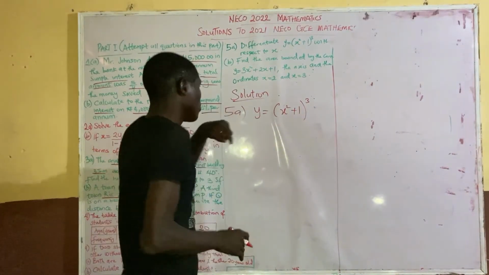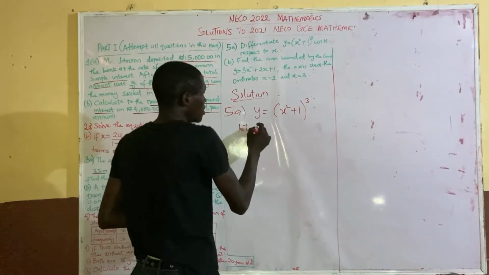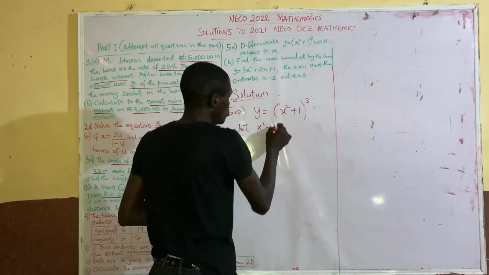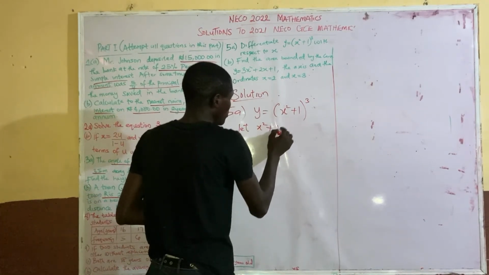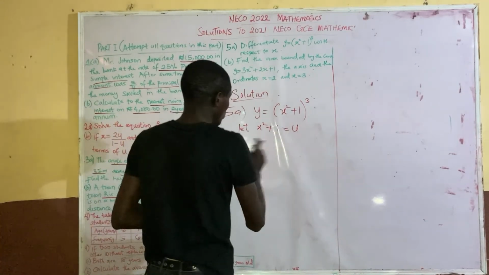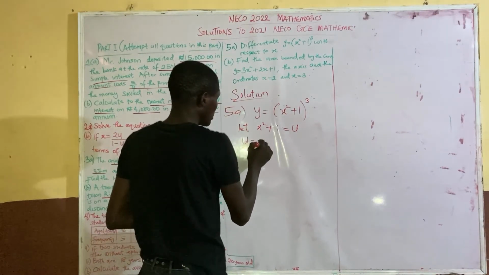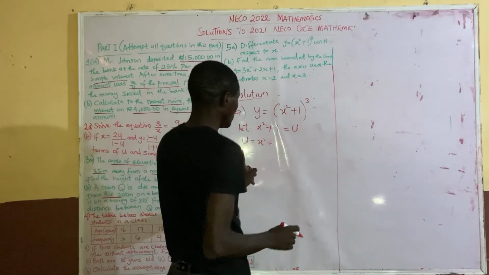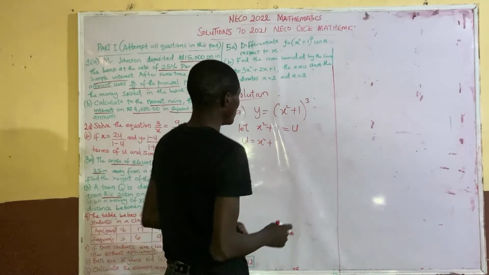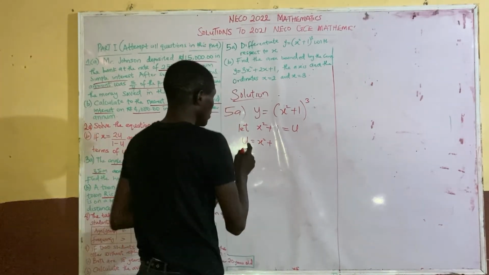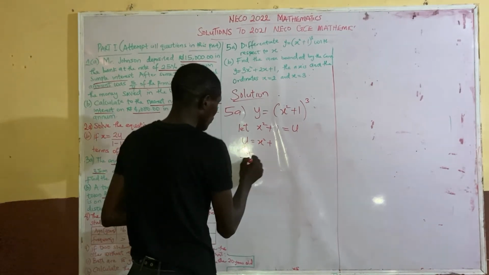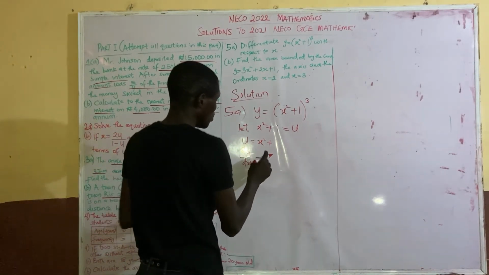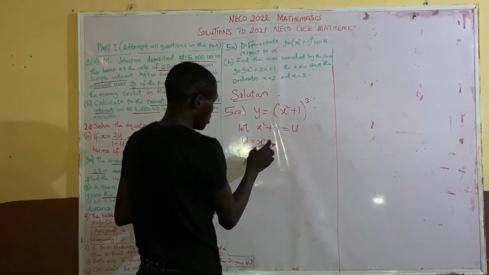So the first thing is to say let x squared plus 1 be equal to u. So u is equal to x squared plus 1. Now differentiate this one with respect to x. du over dx will be equal to what?